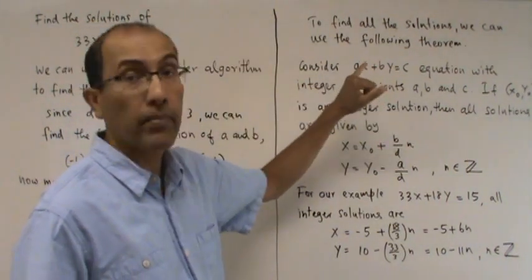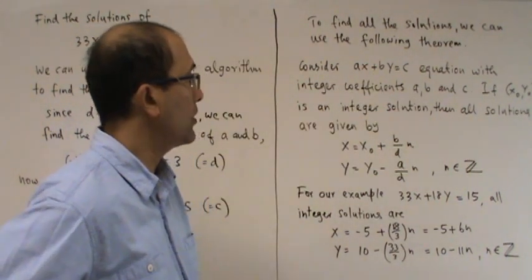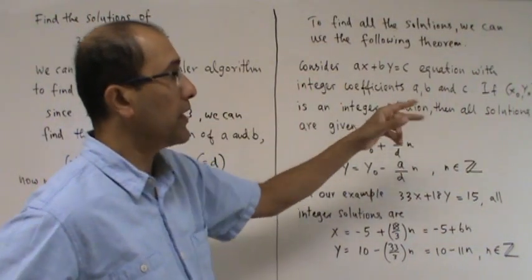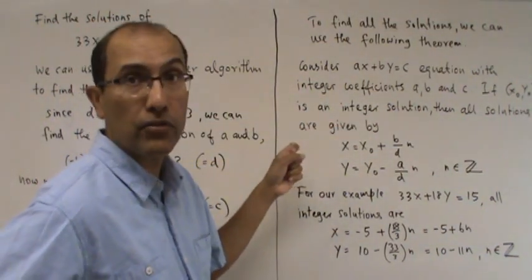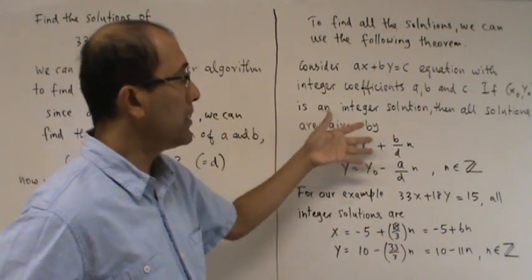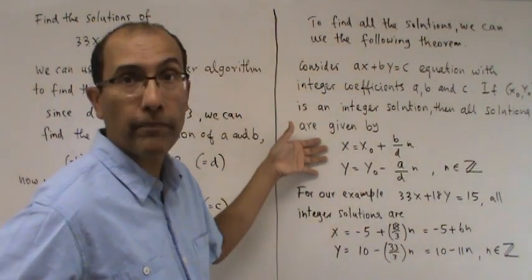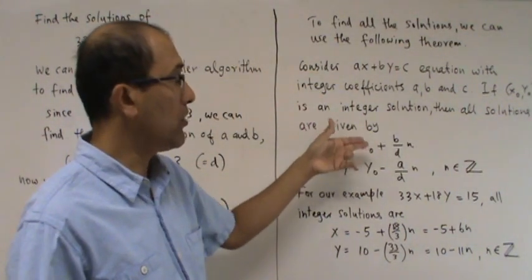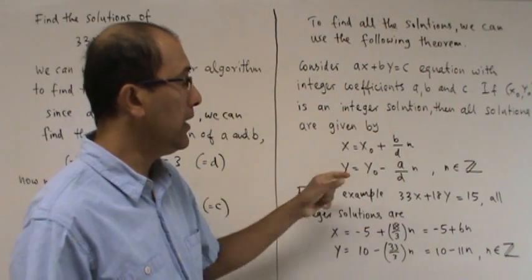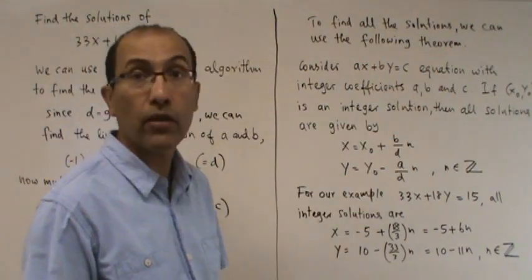So we can use this theorem to find all the solutions. Let ax plus by equals c be an equation with integer coefficients. If x0, y0 is an integer solution, then all the solutions are given by this formula. So x is equal to x0 plus b over d times n, y equals y0 minus a over d times n.